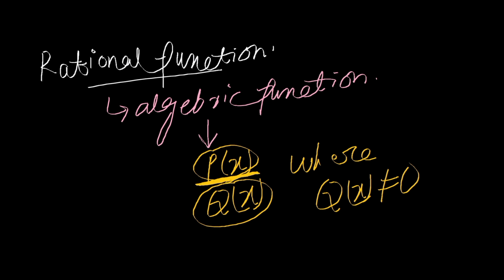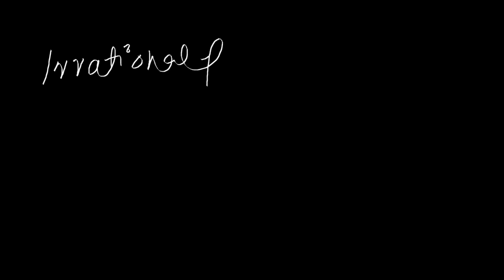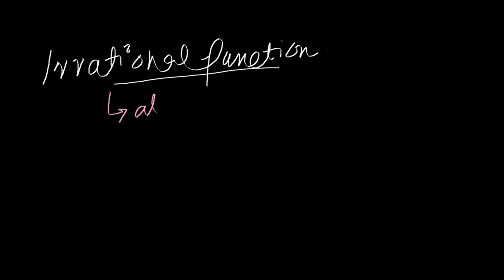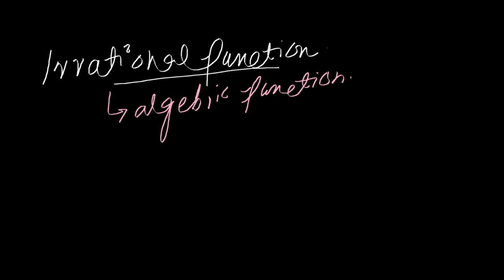And the third type is called irrational function. So what is an irrational function? An irrational function is also a type of algebraic function which can be written in this form.